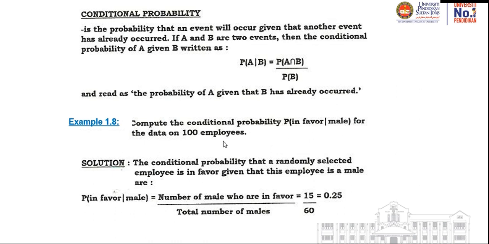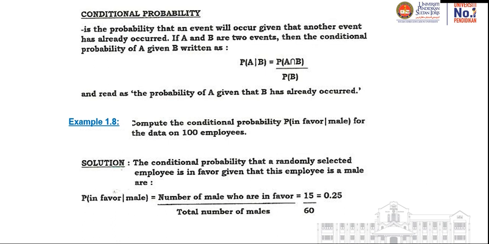So let's look at example 1.8. Compute the conditional probability P(in favor | male) for the data on 100 employees. We refer to the same data. What is the formula? P(in favor | male) is P(in favor intersect male) divided by P(male). P(in favor intersect male) is 15 over 100, and P(male) is 60 over 100, so it becomes 15 over 60, which is 0.25.